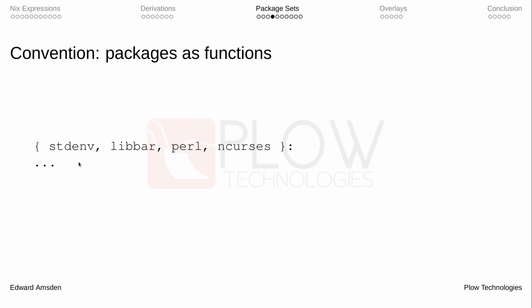It's a little library of functions for creating nice derivations for building stuff. Most everything in Nix packages is built using the stuff in stdenv. So stdenv isn't a derivation, but callPackage will still give it to you because it's part of the Nix packages set.